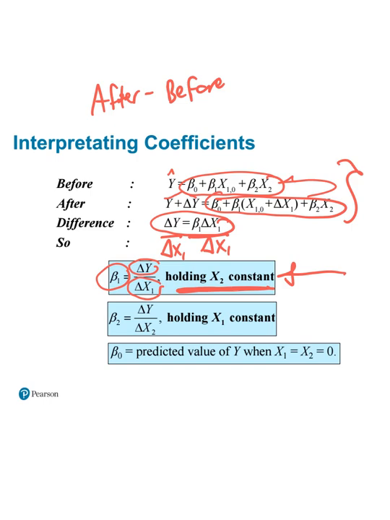If you go through the same exact process, holding everything else constant, it will be the impact on y from changing x2 by a small amount. And then last but not least, our estimated intercept will be the predicted value of y when our regressors are both equal to 0. So as far as interpretation, this is almost identical to what we saw with the simple linear regression, when we had that single regressor.